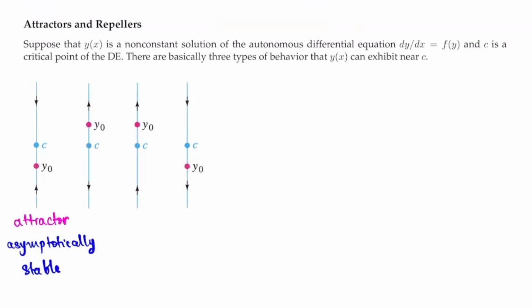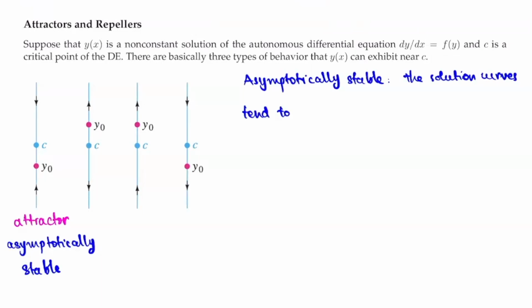Okay. So what is asymptotically stable? The solution curves tend to converge to a specific point.